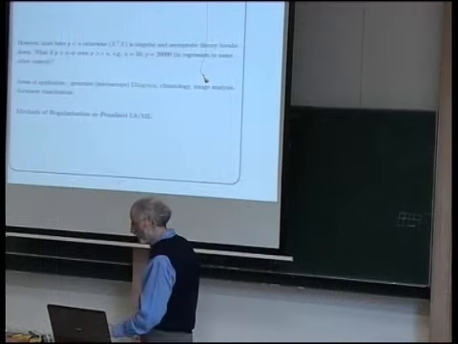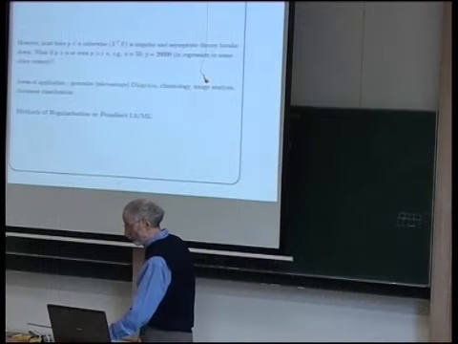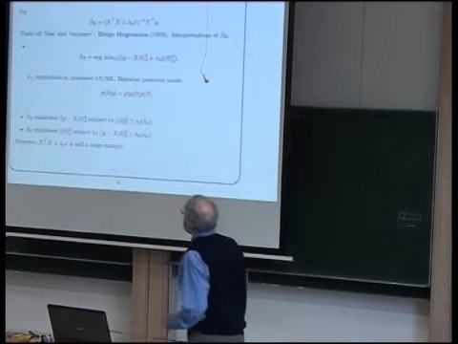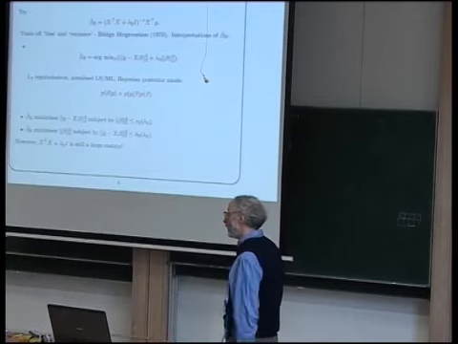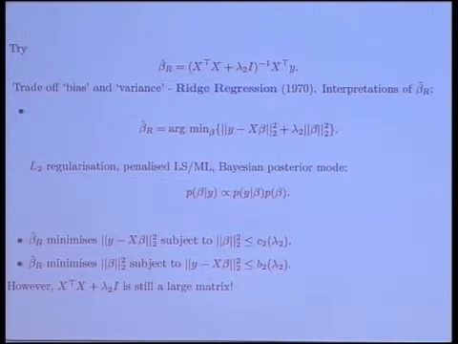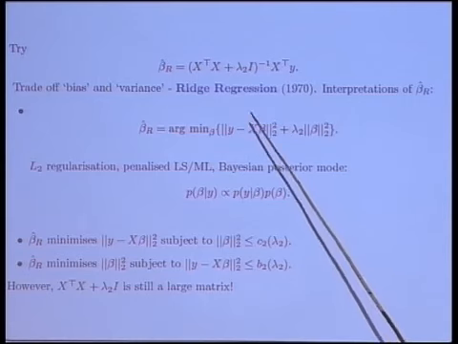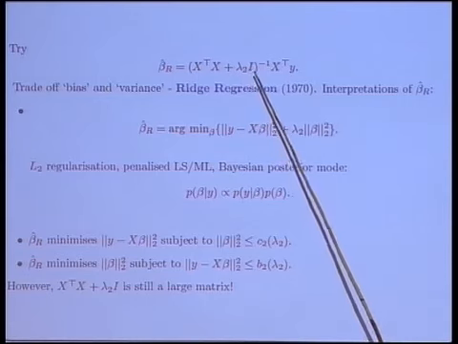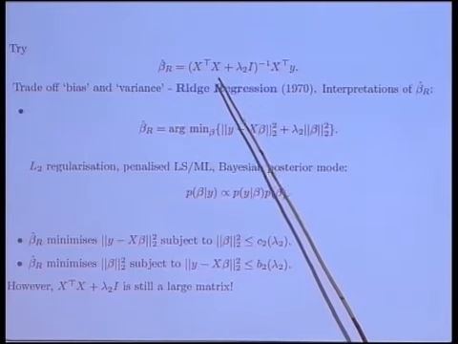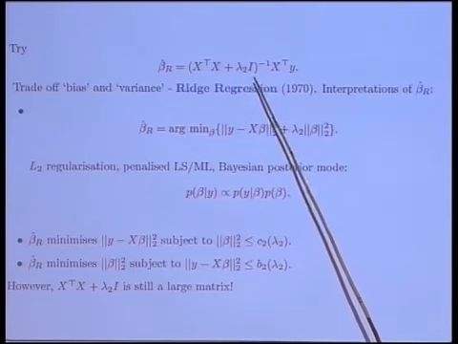Well, going back to the regression problem, one thing you can try is to say, well, all right, if X transpose X is singular, let's tweak it so that it's non-singular. If I put a little bit of the identity matrix onto it, I do create something that I can invert.